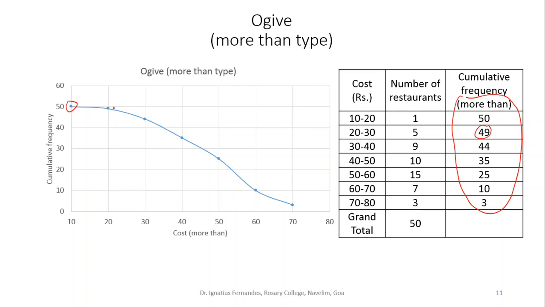Next value is 49, so I mark 49. Next is 44, I mark 44. 35, then 25, then 10, and then 3. So I am marking these points and joining them like a frequency curve. So this is called an ogive, which is more than type, or it is basically the frequency curve for more than type frequency distributions.